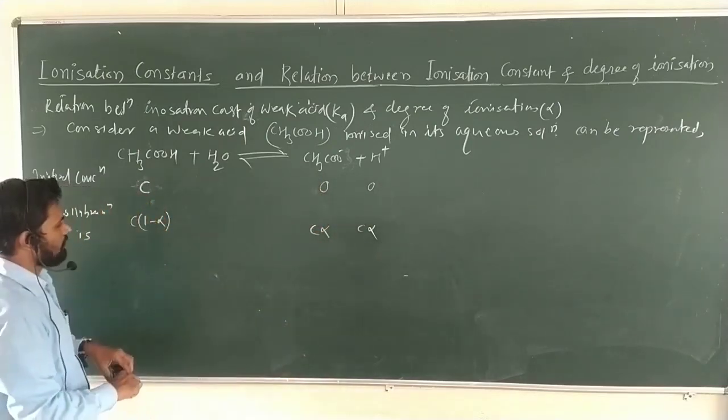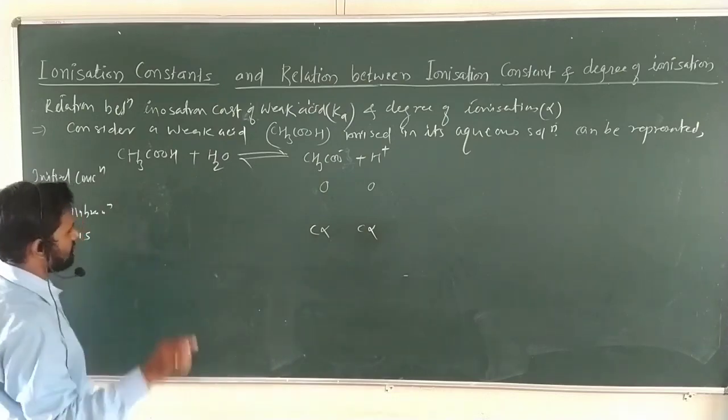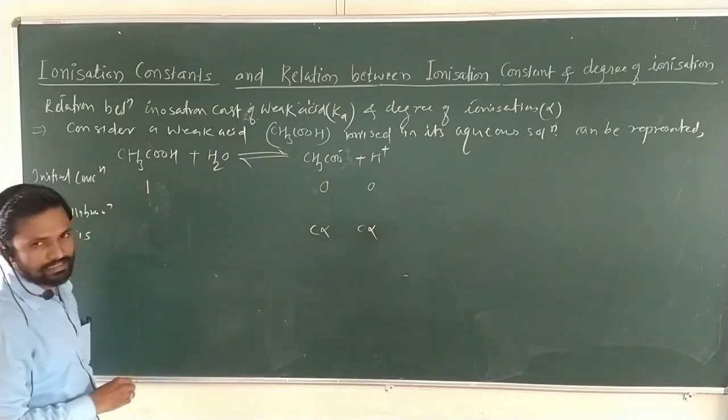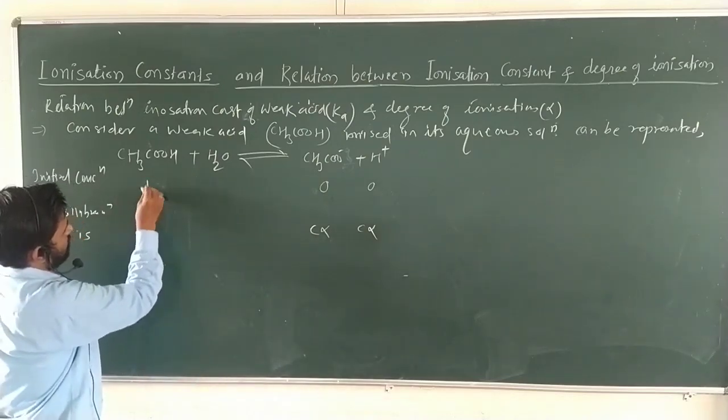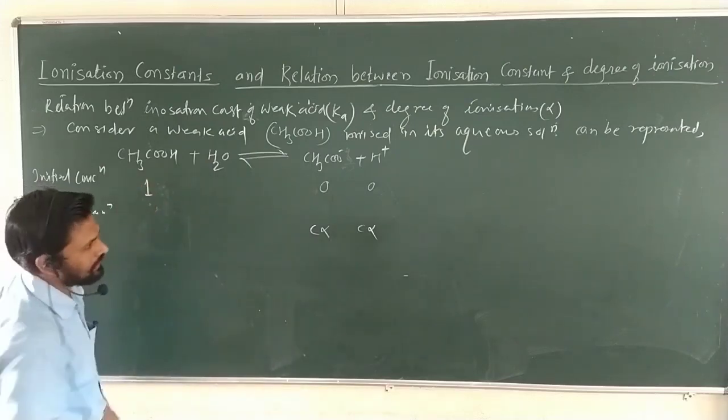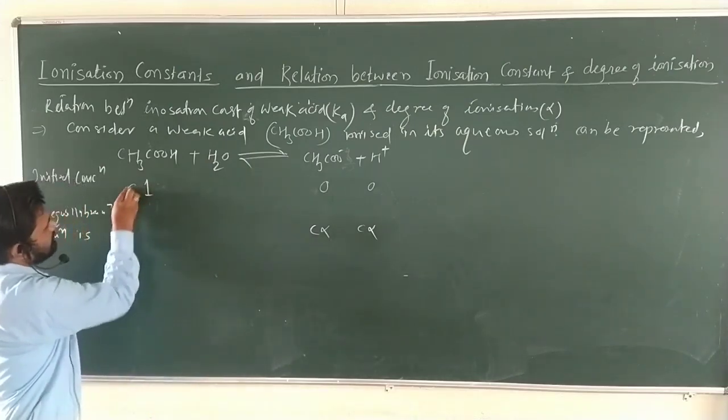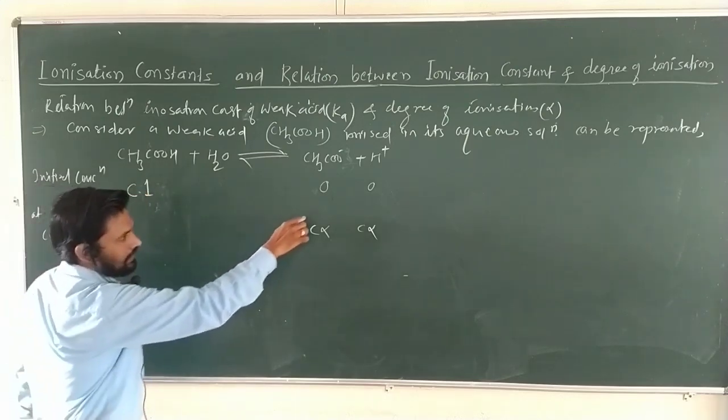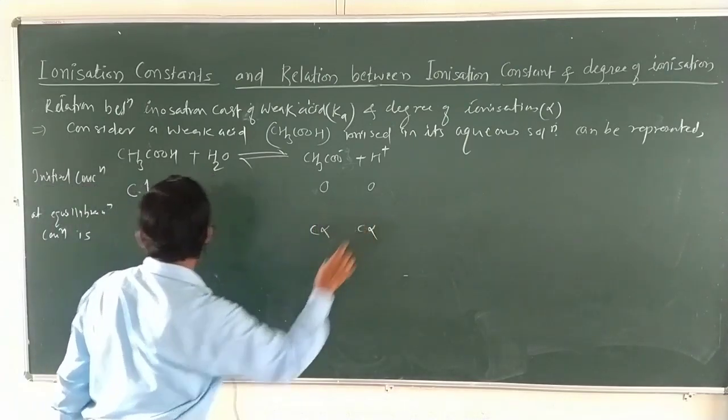For our convenience, let us consider one mole of acetic acid is taken. Initially the concentration is C, and the ions are 0.